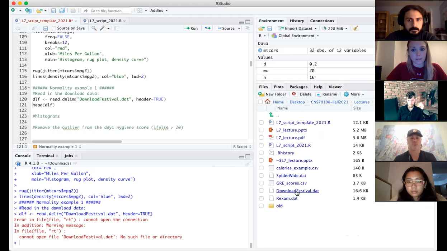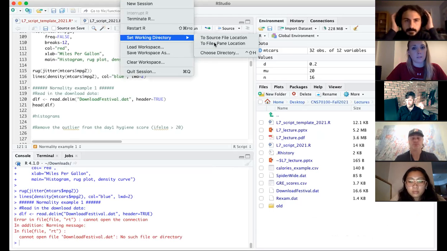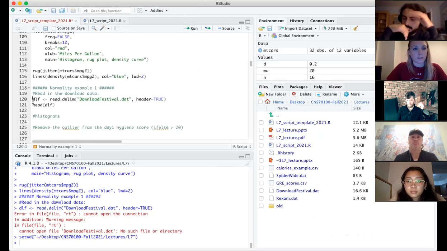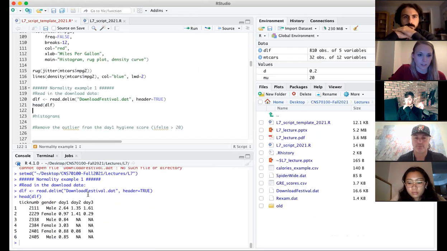Not in the right place, so make sure you set your working directory. There we go. And see this header statement again, just looking at the first few rows. We have our gender, day 1, day 2, day 3, some kind of festival data. Oh, you have the ticket number.